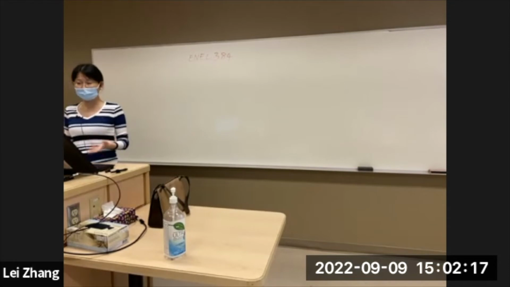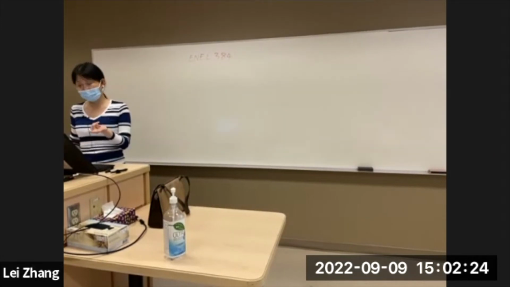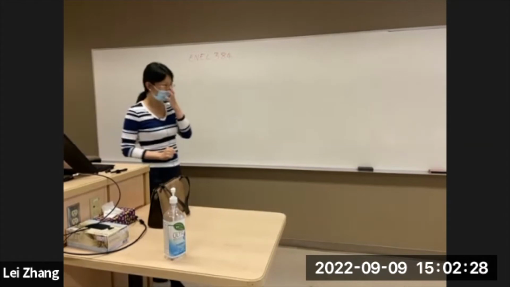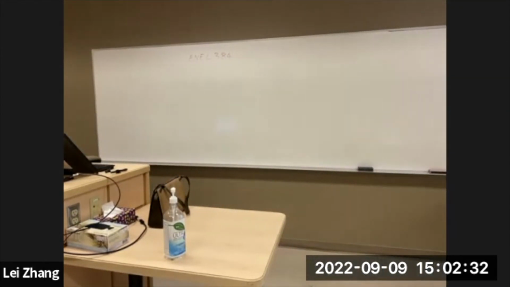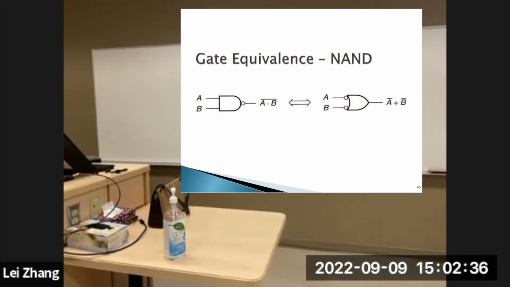And a NAND gate can be represented by an OR gate with inverted inputs. What does that mean? So a NAND gate on the left here is equivalent to this OR gate with two inverted inputs.